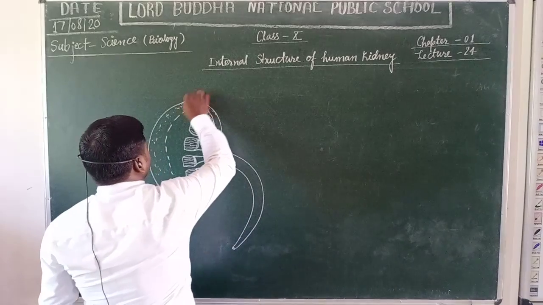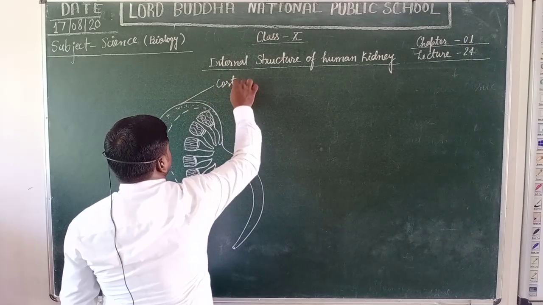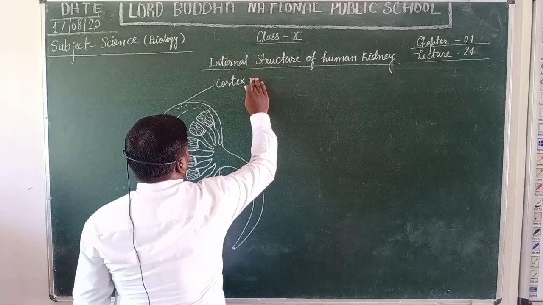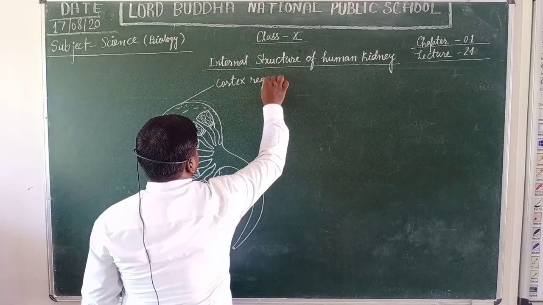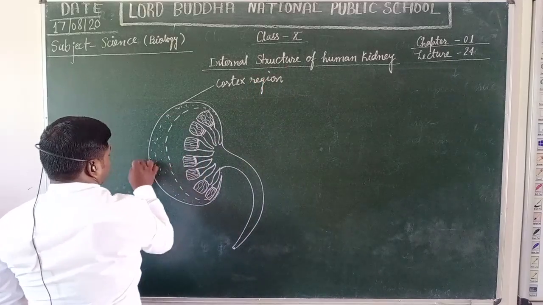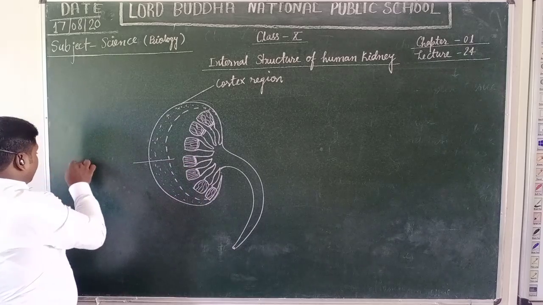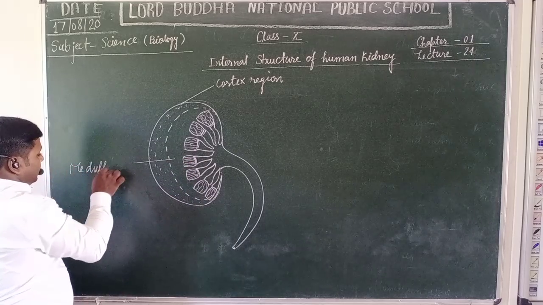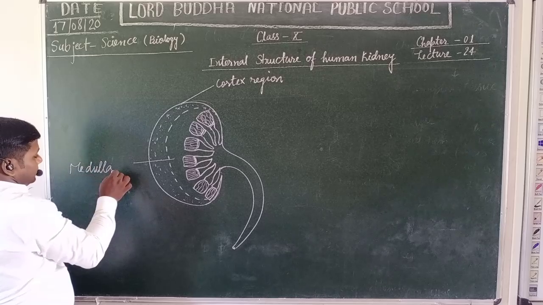This is the cortex region. And this is the medullary region or medulla part of the kidney.